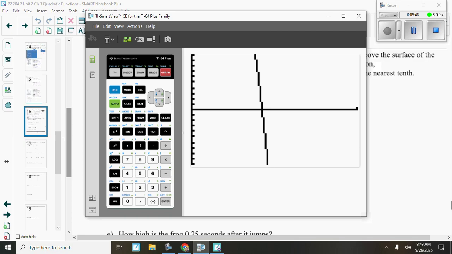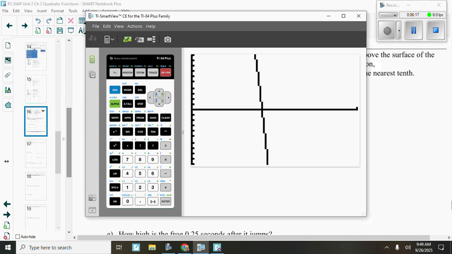With our graph, if we read the story, the frog above the surface jumps. If I'm reading through the questions, D: when does the frog hit the surface of the water? I'm not interested in learning about the frog swimming around in the water. I'm just interested in the water.